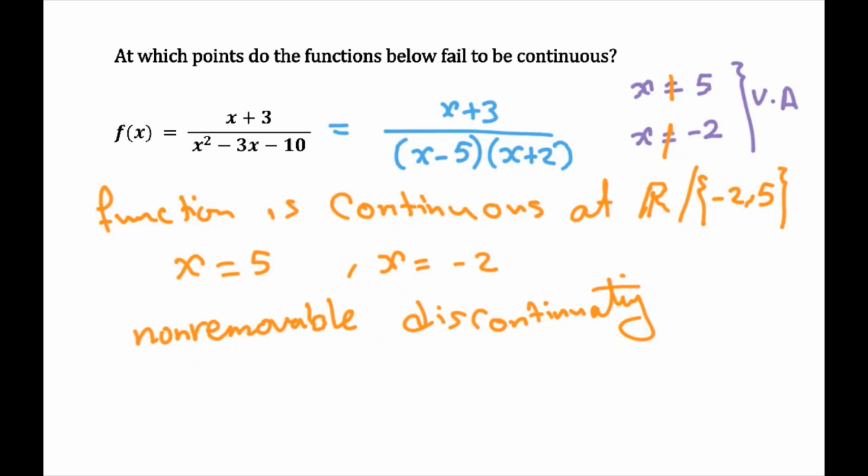Okay, now what about this one here? Well, in this case, if you try to factor, you will realize that you can cross out these two. Okay, so what happened here?